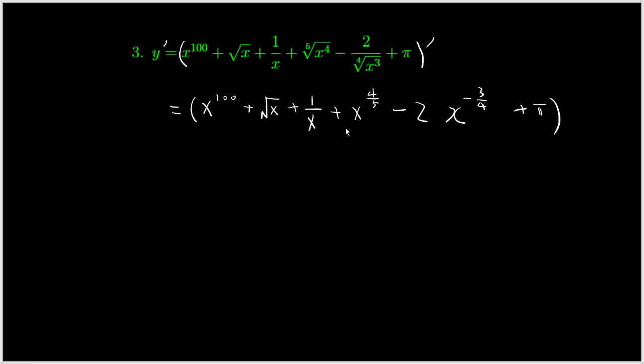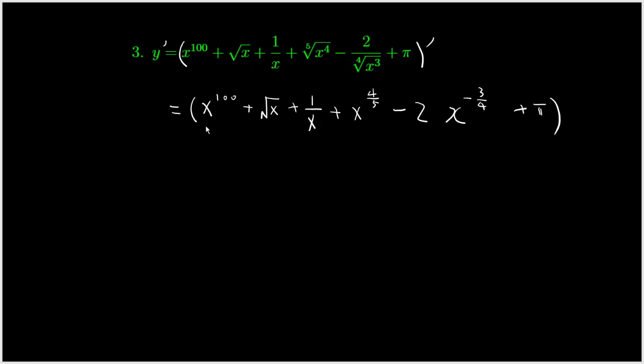I hope you know what we are doing right now. Why I want to convert, now look at the mouse cursor, these two functions to the form of the power functions. Because only after we convert the function to the form of the power functions, we can apply the power rule. So that makes sense?